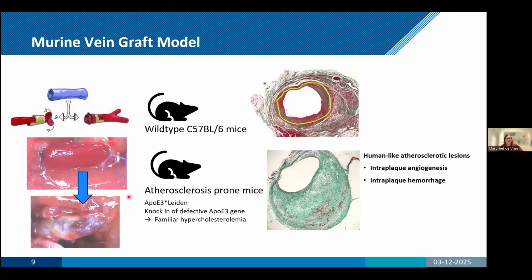These mice have increased cholesterol levels, which result, within those 4 weeks of time, in massive lesions that contain intraplaque angiogenesis and intraplaque hemorrhage, as you can see over here.